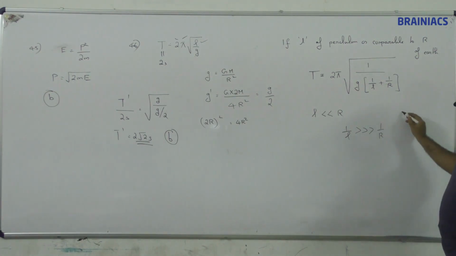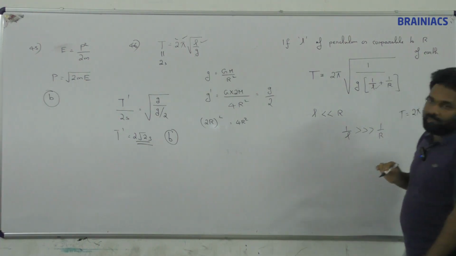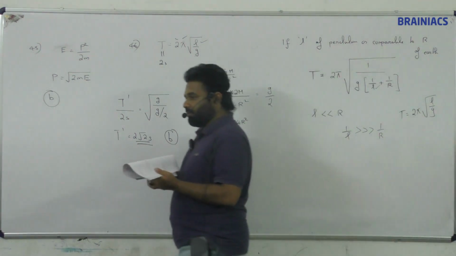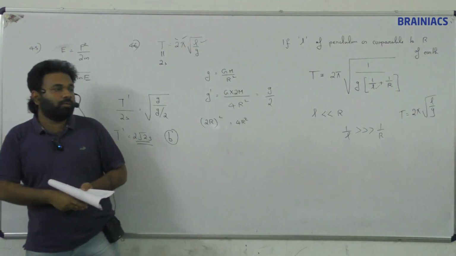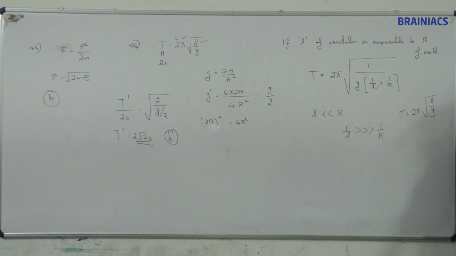So this formula will take the regular form of root of L by g. Only if this length is comparable to the radius of Earth do we need to use this formula. Okay, so that is also there.